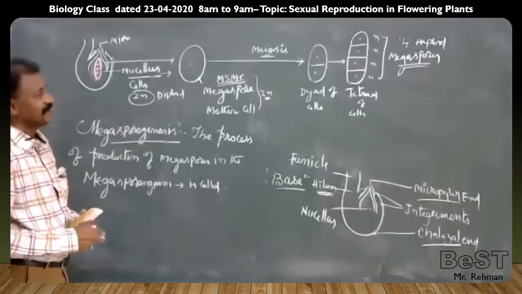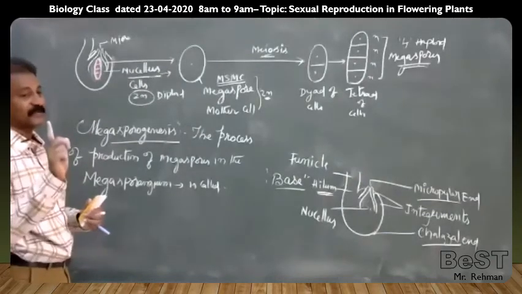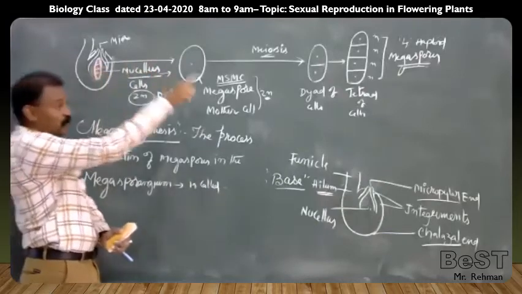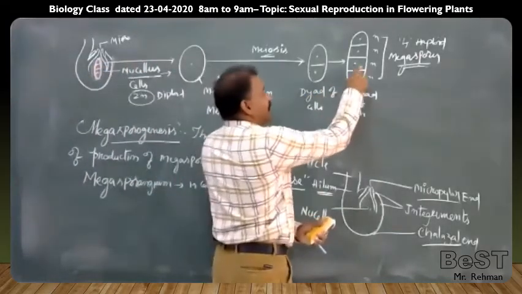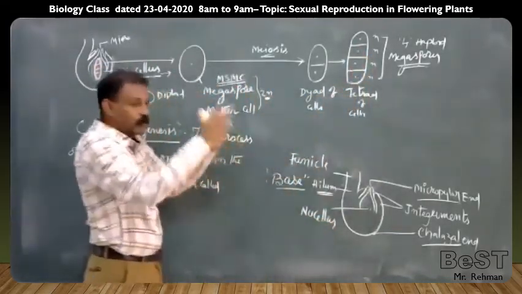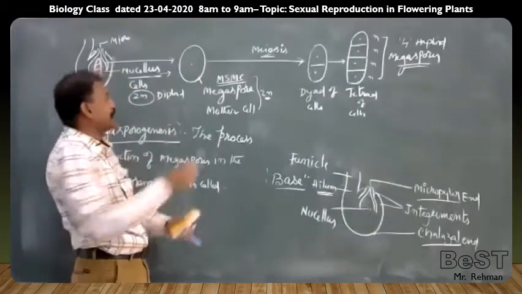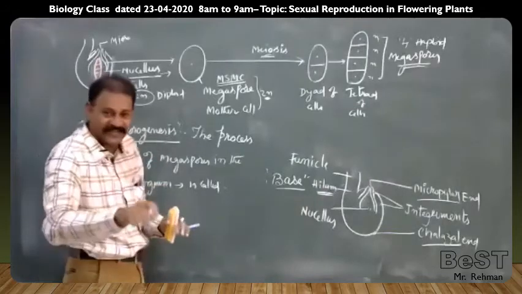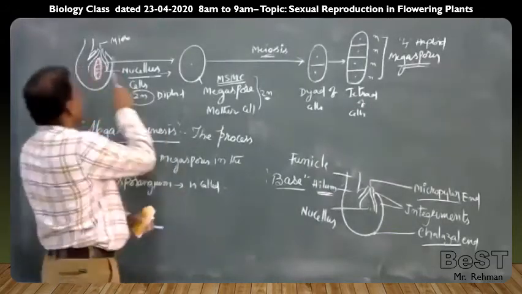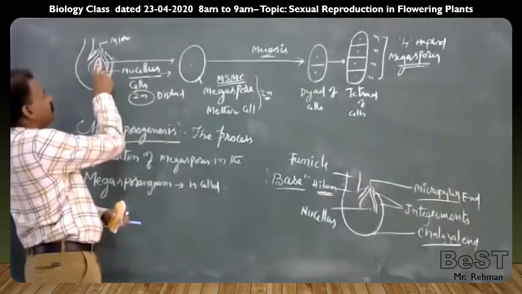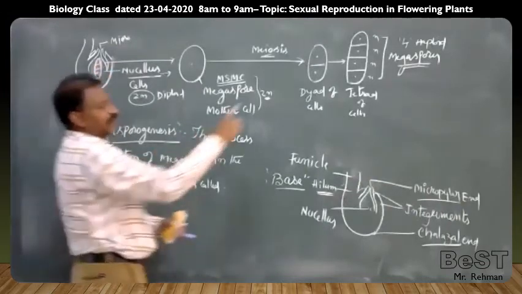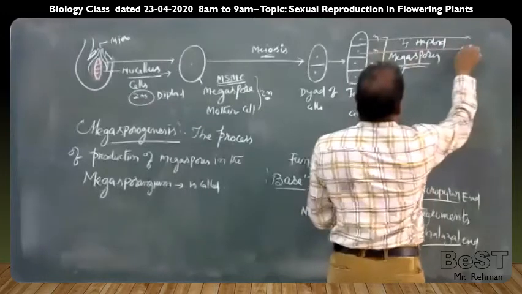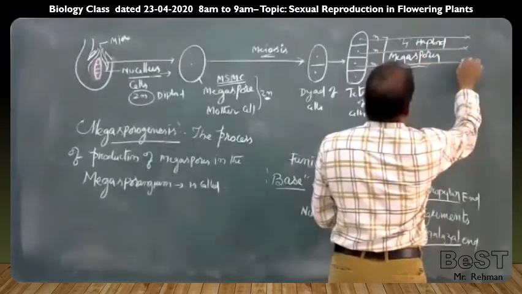In higher and competitive examination questions: out of the 4 megaspores, if each one wants to grow, the food material supplied by the nucellus is very little. Because of the little food material supplied, the uppermost 3, the outer 3, disintegrate.